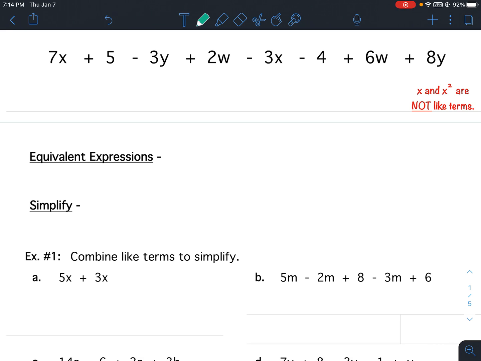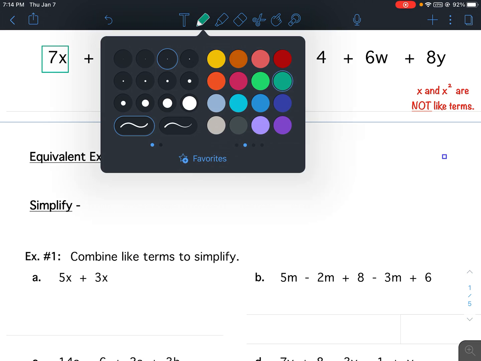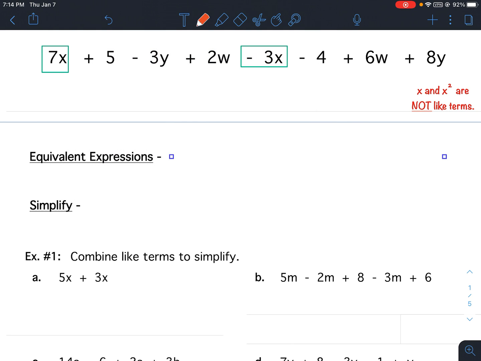In other words, I'm going to start with this 7x. So I'm going to put boxes around anything that is an x term. So I have 7x and I've got negative 3x. Then I'm just going to go by the next term.